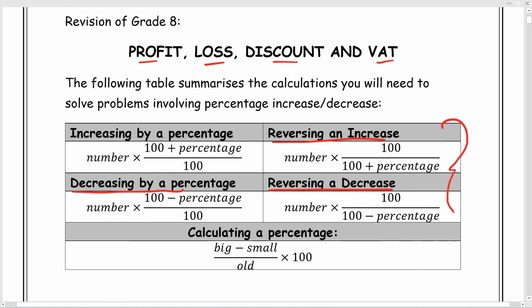So here, for both of these questions where we are reversing something, we are calculating the amount before an increase or decrease was applied.